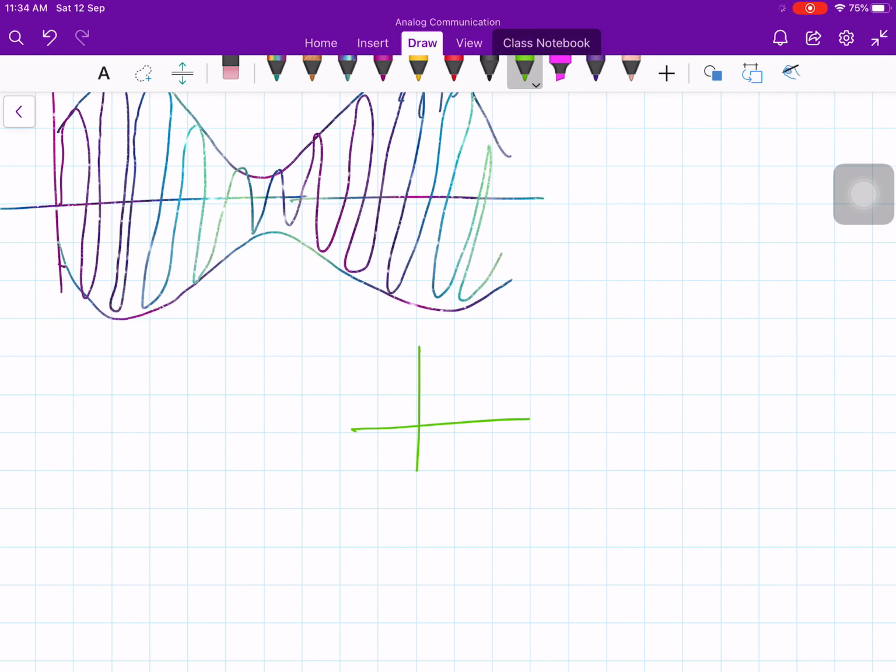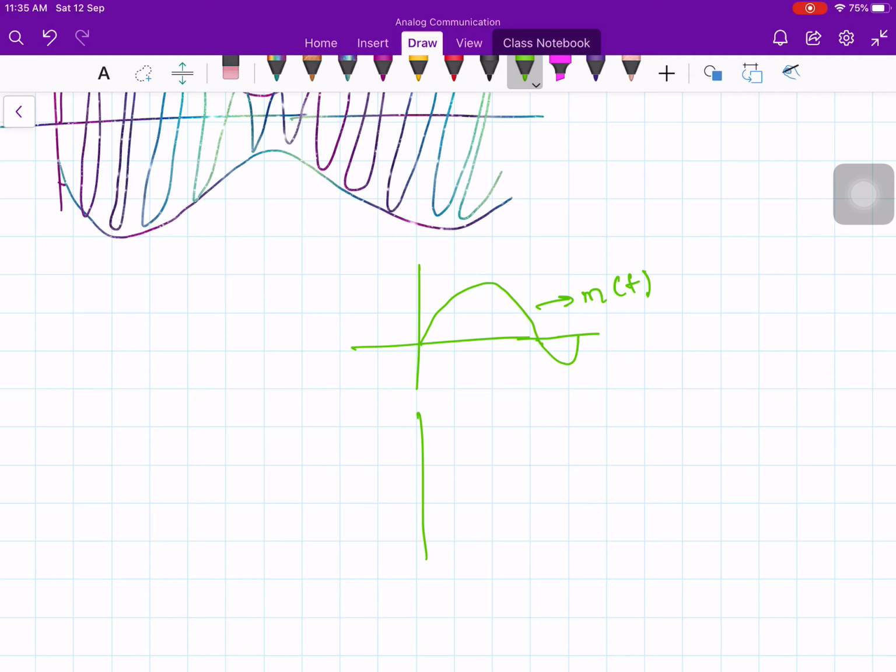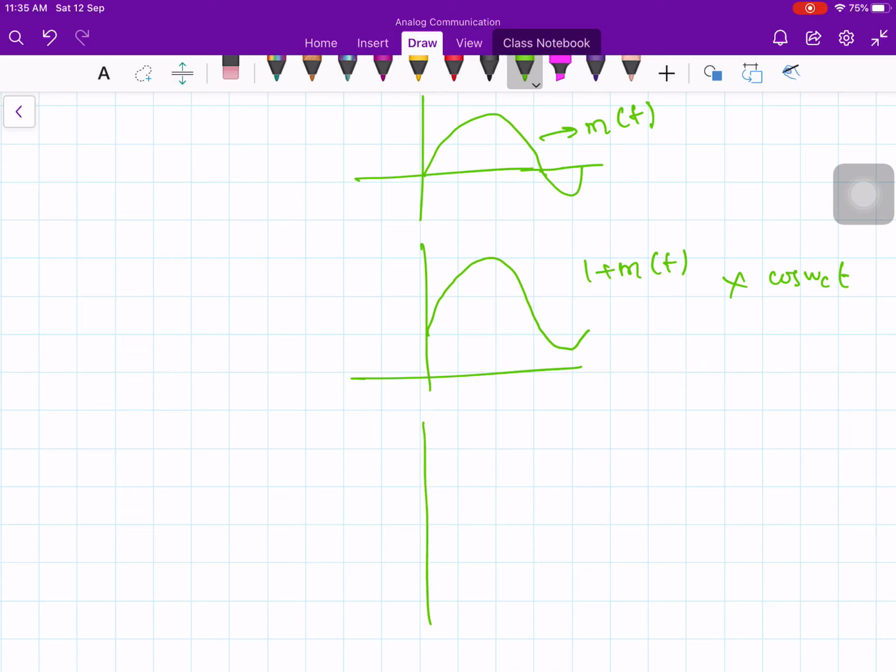See, originally my message signal, let's say I will draw some for illustration purpose. Let me put a big sine wave, big positive and small like this. Let me call this my m of t. Now if I add 1, then it will be like this, 1 plus m of t. You multiply by cos omega ct, then how does it look? It looks like this.